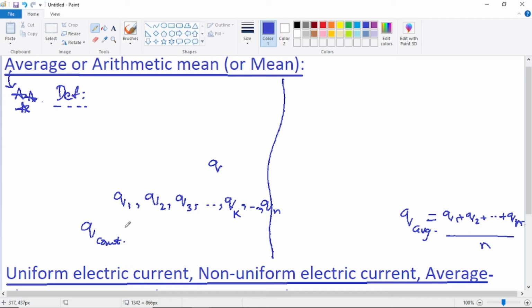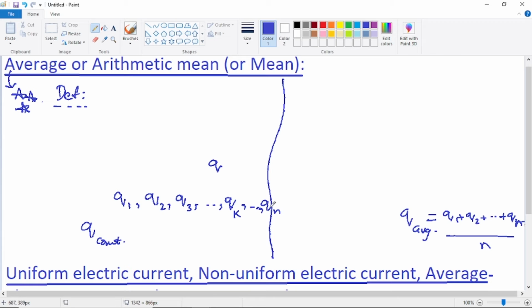Already I said the main purpose of the average value is that it gives a rough idea of all the n values, because in most situations the number of values will be so huge, like the energy of the molecules of a gas, that it is not possible to see each and every value among the n values.